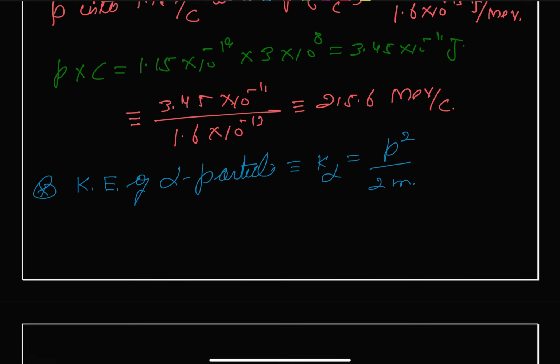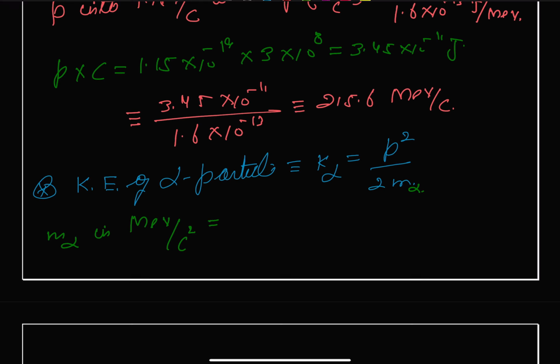And we are required to find out the mass of alpha. So we can say our mass of alpha, in units, will be in mega electron volt per C square.